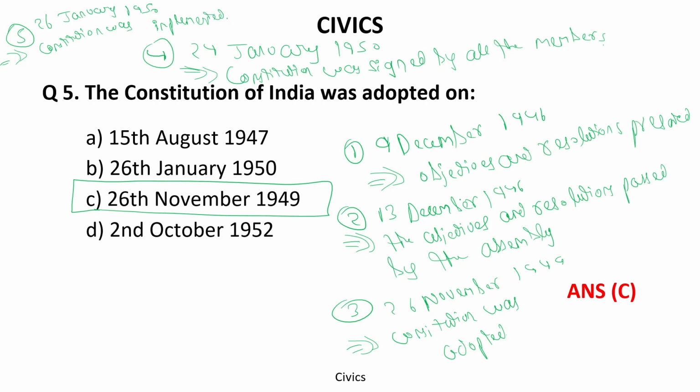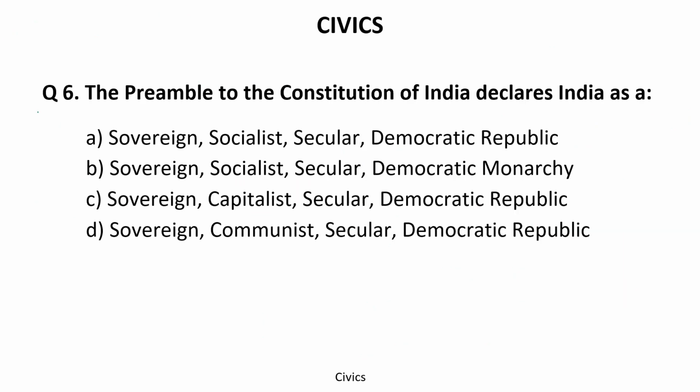Okay. So remember these dates. If we go with these timelines, then we find the constitution was adopted on 26th November 1949. So these are the details I had shared with you.